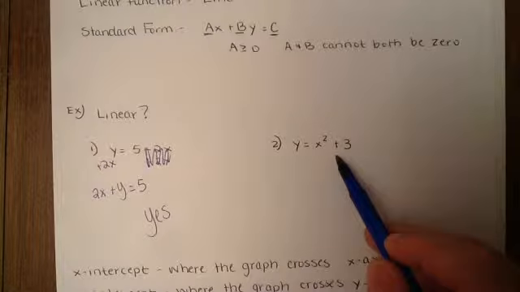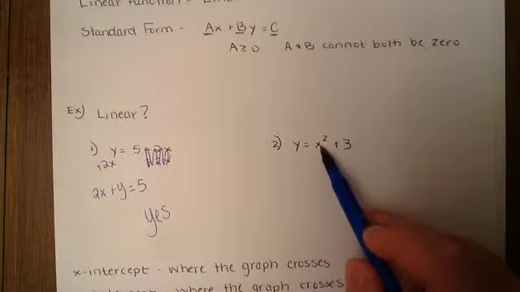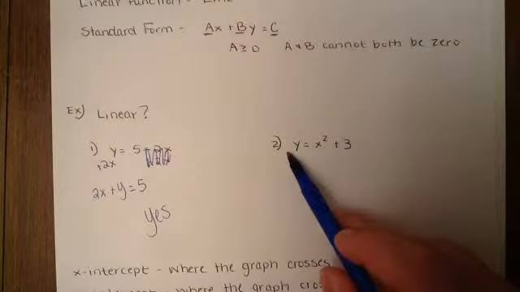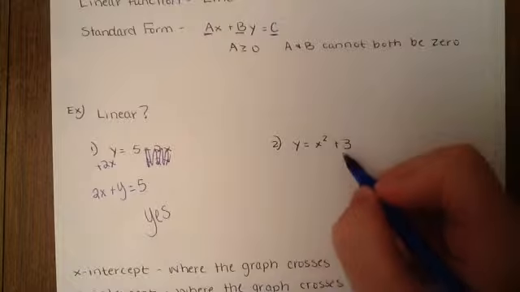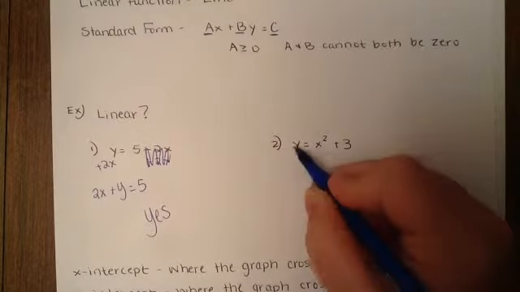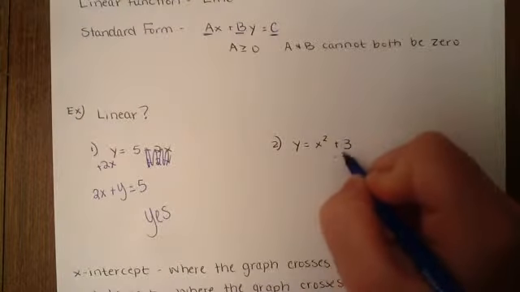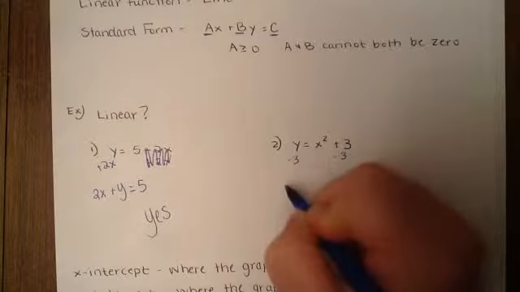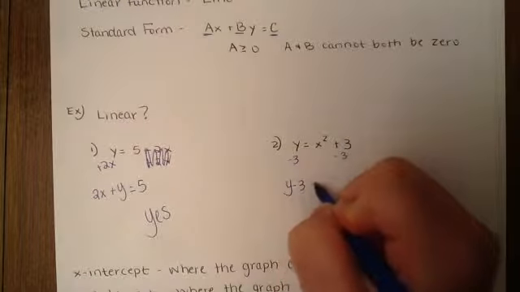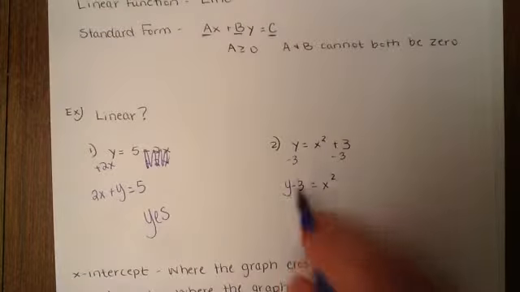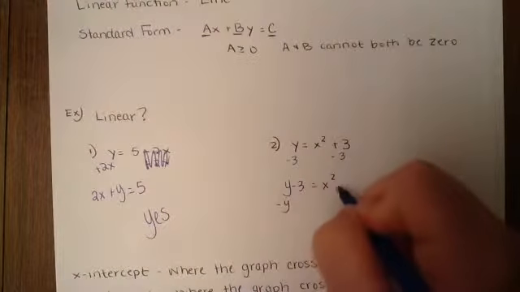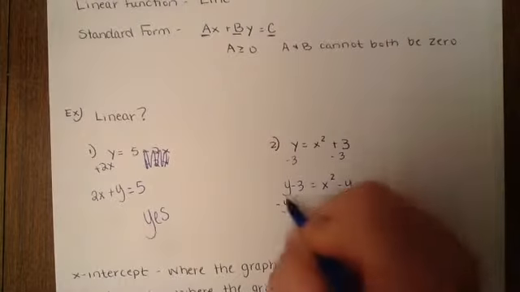Let's try this one. What happens if I move x squared over? It'll be negative. So can I have that negative? No. So if I move this minus 3, I have y minus 3 equals x squared. Now if I want to move the y, minus y, minus y.